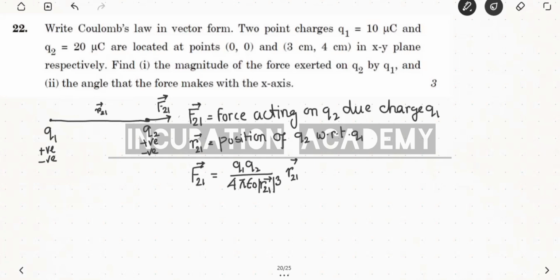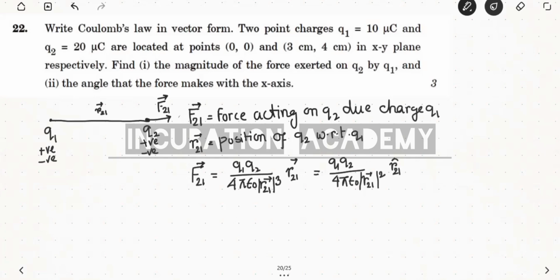So here is a cube and here the R21 vector. Or we can write it as Q1 Q2 divided by 4 pi epsilon naught R21 magnitude square, times R21 cap. So that is the F21 vector.